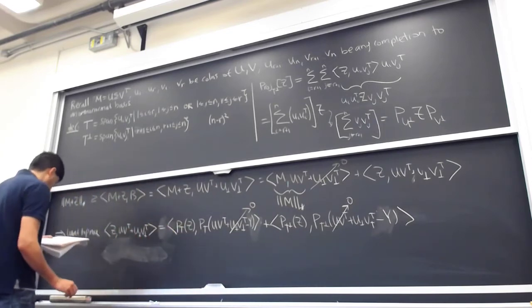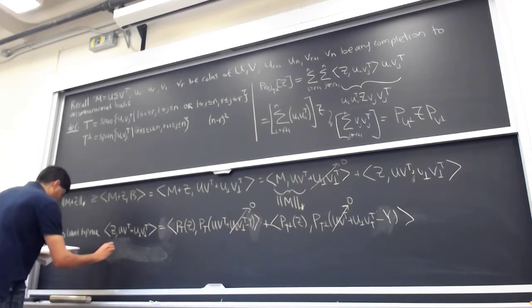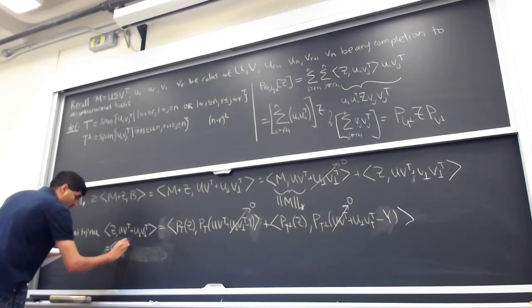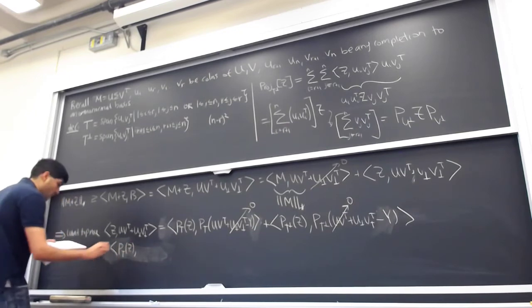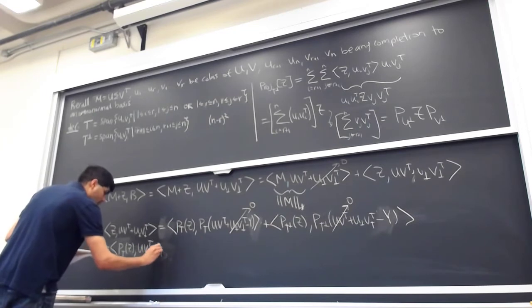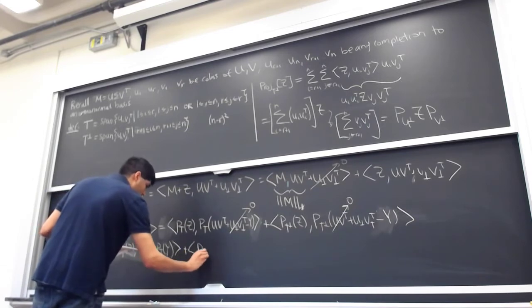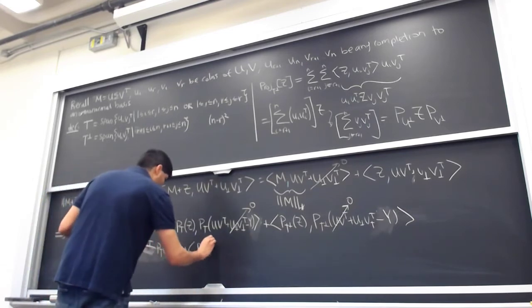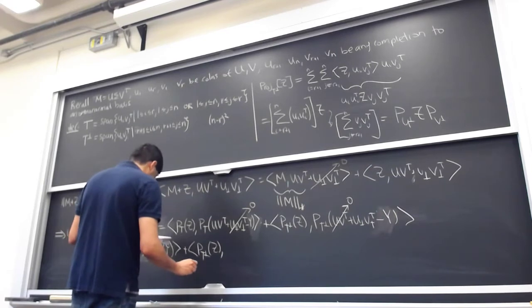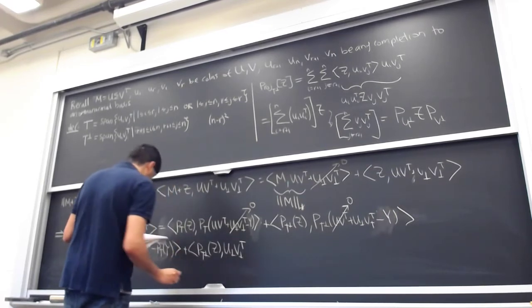And now all of this at the end of the day is equal to, just to write it out, PT of Z, so inner product with UV transpose, minus PT of Y, plus PT perp of Z's inner product with U perp V perp transpose.